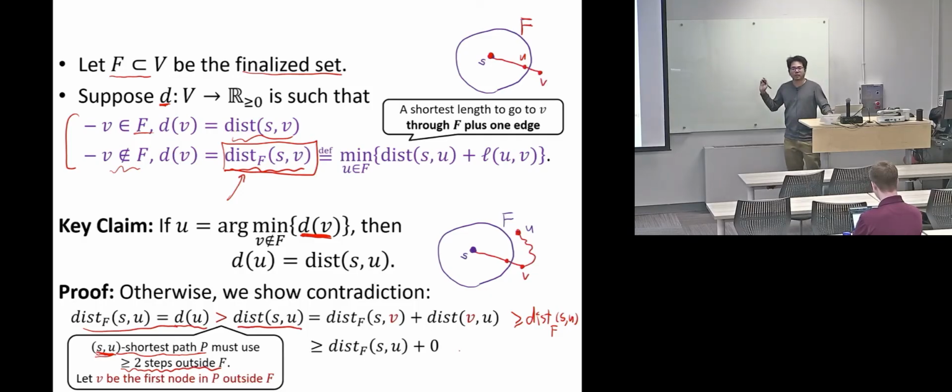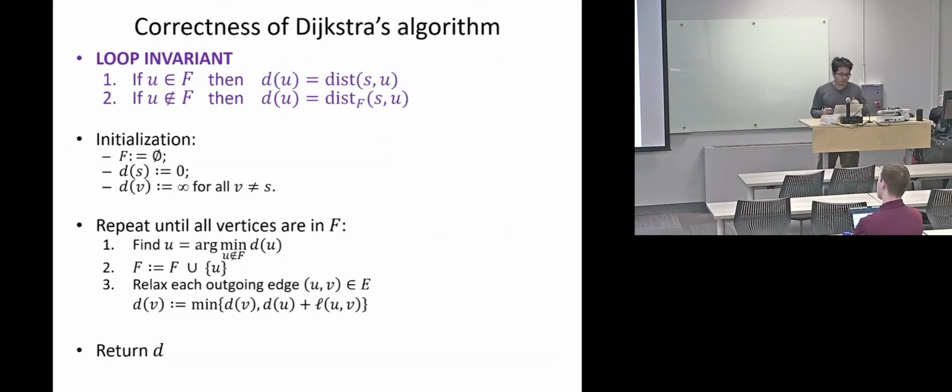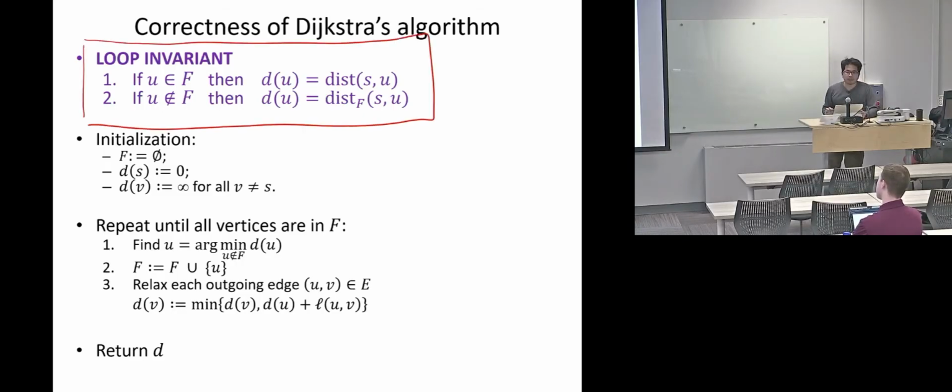Question? Good. So now we're going to try to prove this loop invariant that we just stated in Dijkstra's algorithm. We have this pseudocode and we want to prove this invariant. First of all, suppose that this loop invariant holds throughout the whole algorithm.